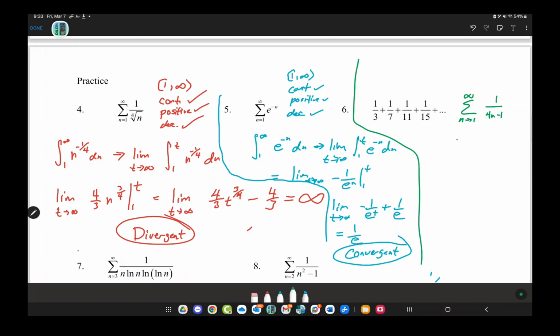So for this one, to infinity. Integral's a type of summation.